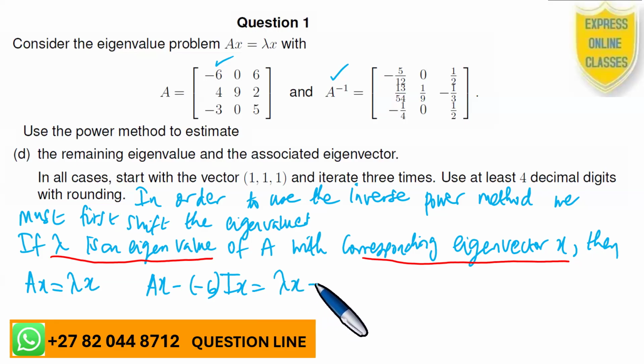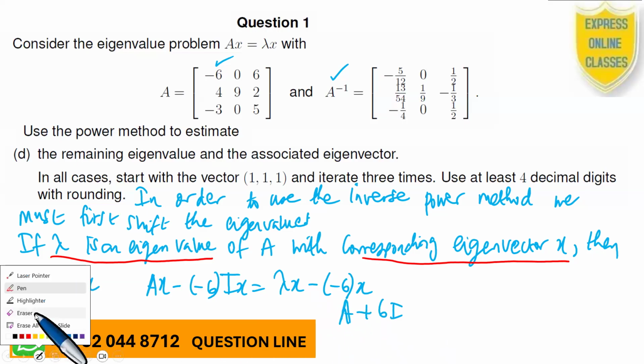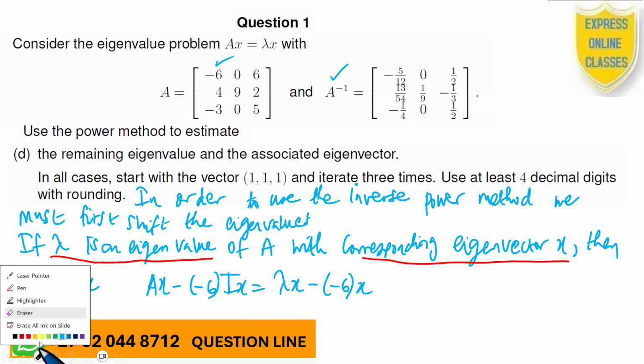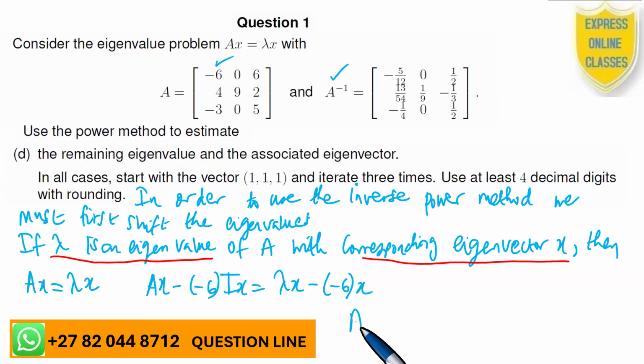Which means lambda x minus that, which is (A plus 6I)x.